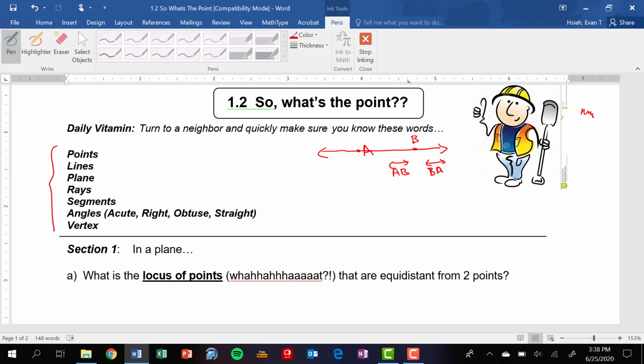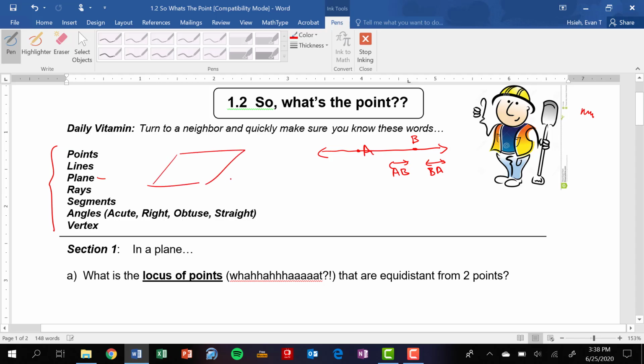A plane is a two-dimensional figure. It's a flat surface, basically, represented by a parallelogram. A ray consists of an endpoint and then goes on forever in one direction. So if this is like D, this would be ray CD.